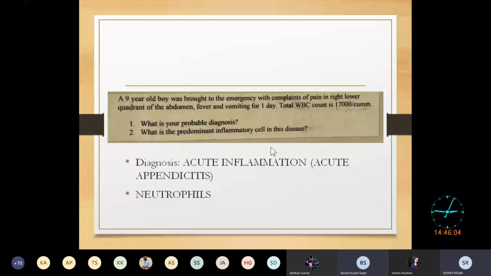It will be neutrophils. Very good. If it was a chronic inflammation, then it would be lymphocytes, plasma cells, mononuclear inflammatory cells. Very good.